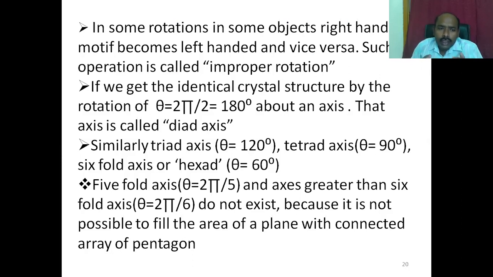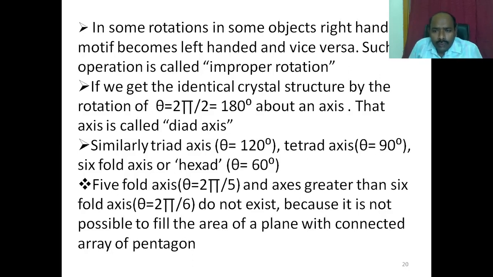To complete 360 degrees, we have to rotate 3 times, each time by 120 degrees. Such axes are called triad axes or three-fold axes.